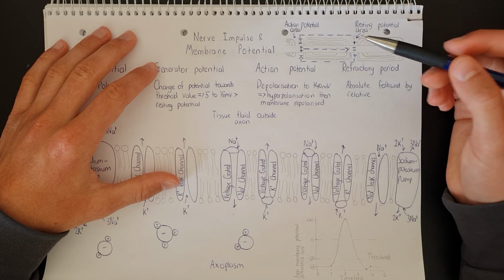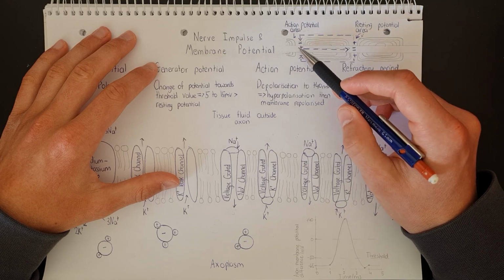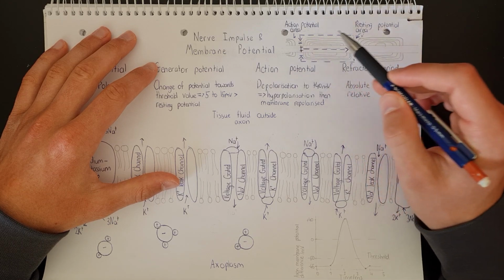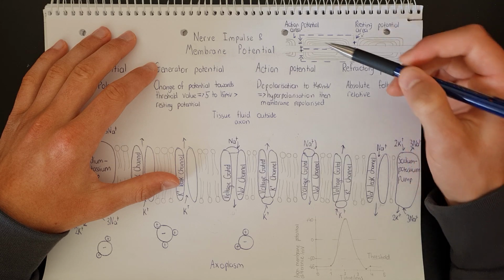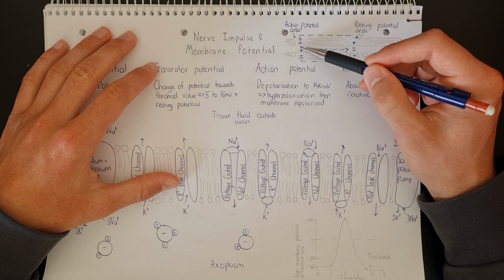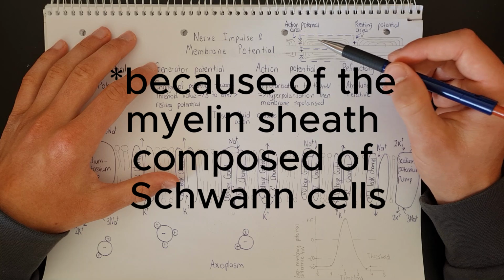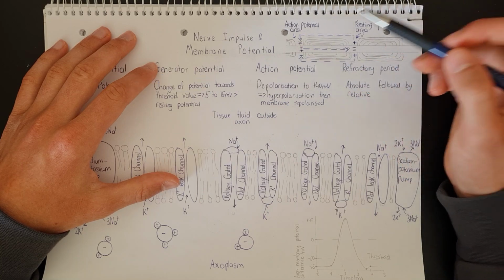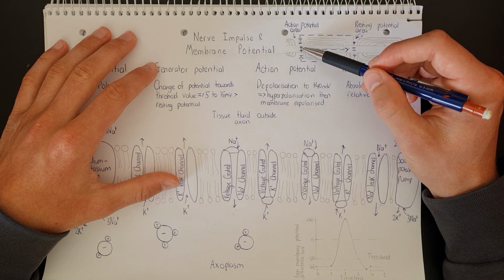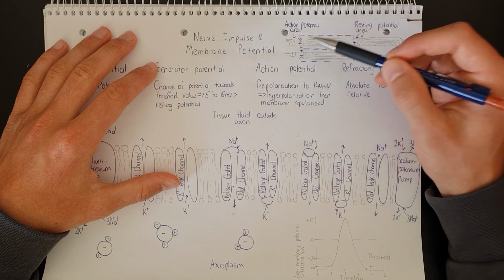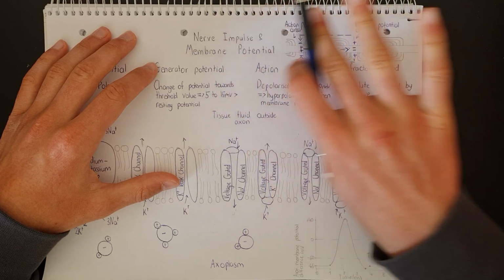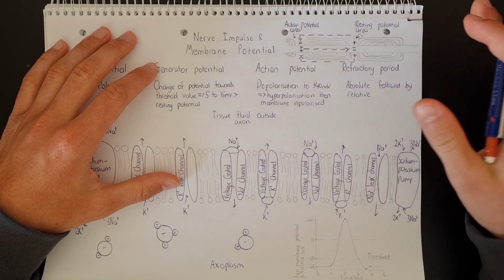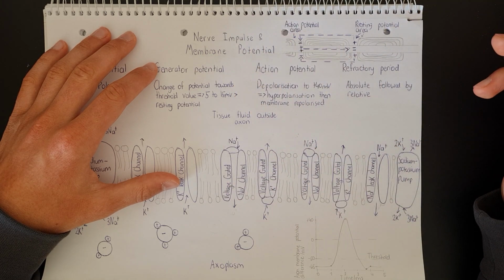Now, because the nerve impulses are transmitted from node of Ranvier to node of Ranvier, right? They're not being transmitted along each single part of the axon. It is called saltatory conduction because it's as if the nerve impulses are jumping from one point to another as they travel along the axon of the respective neuron.